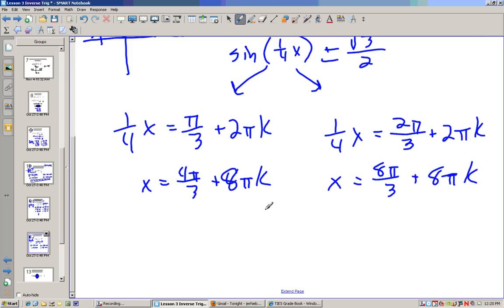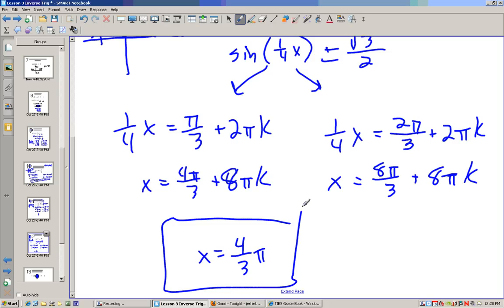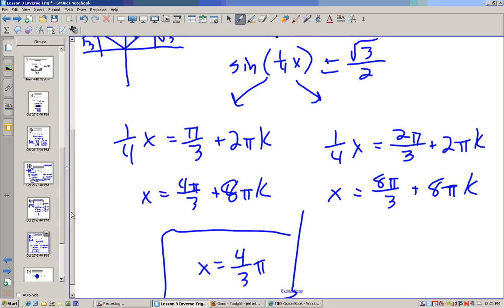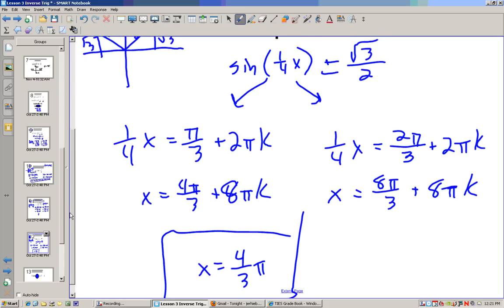All right, now 4 pi over 3 is between 0 and 2 pi. However, 8 pi over 3 is past it, because 6 pi over 3 is 2 pi, and this is larger than that. So if I add or subtract 8 pi to either of those numbers, it won't work. So 4 pi over 3 is my only answer.